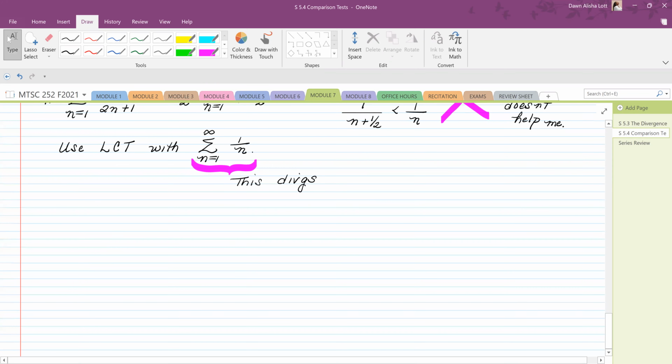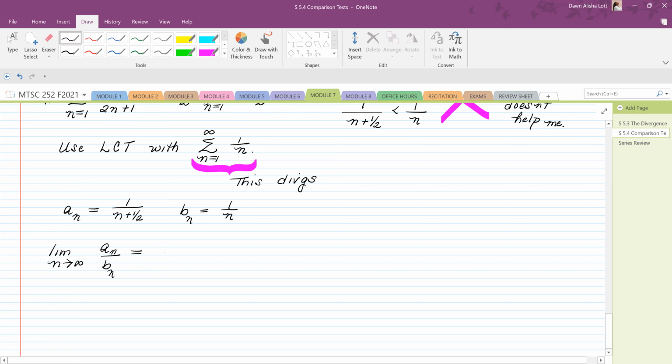So let's look at an, which is going to be 1 over n plus 1/2, and bn is going to be 1 over n. So I look at the limit as n approaches infinity of an over bn.